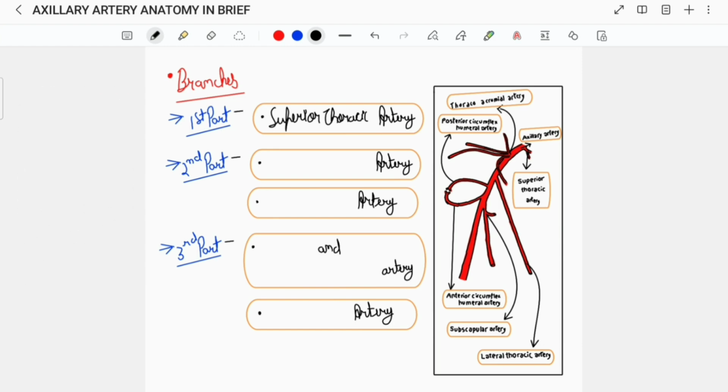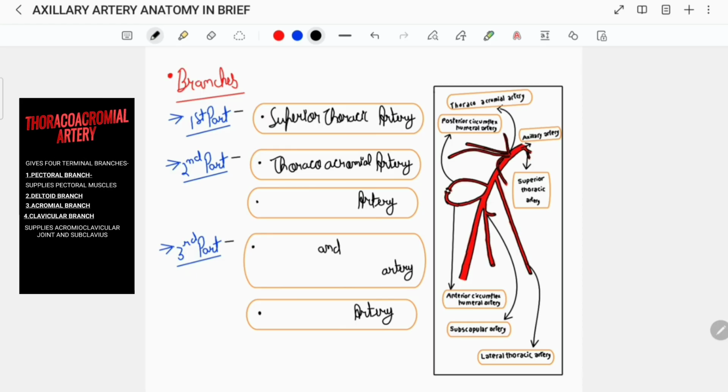The second part of axillary artery gives two branches. The first is the thoracoacromial artery. Thoracoacromial artery gives four terminal branches.